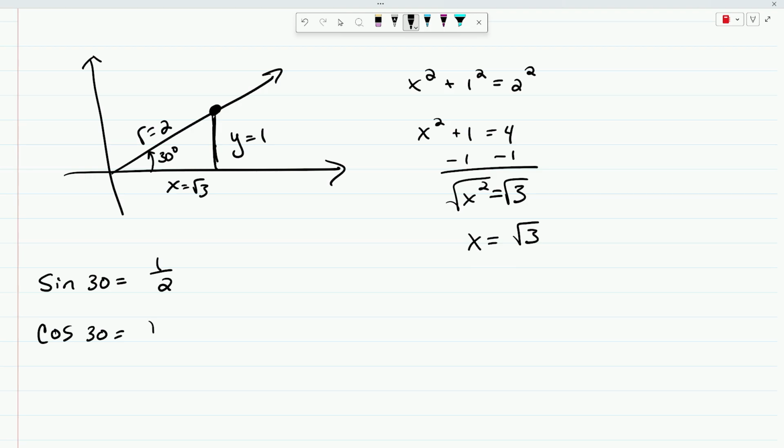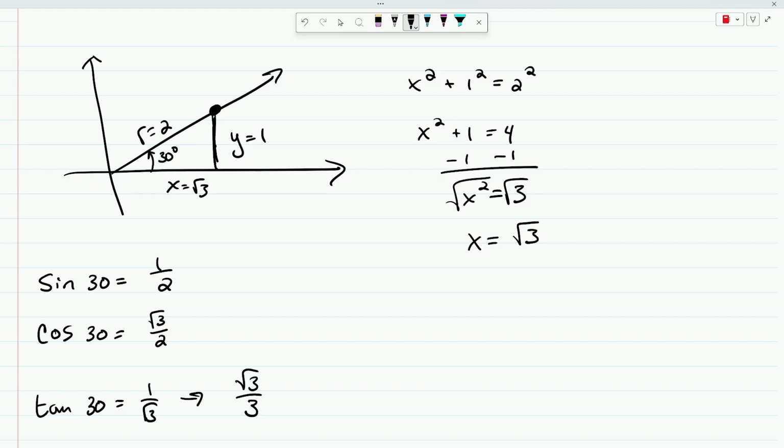So cosine is going to be the square root of 3 over 2. And then our tangent at 30 degrees, well, remember, tangent is opposite over adjacent. So it's going to be 1 over the square root of 3, which traditionally we rationalize the denominator to make it the square root of 3 over 3.